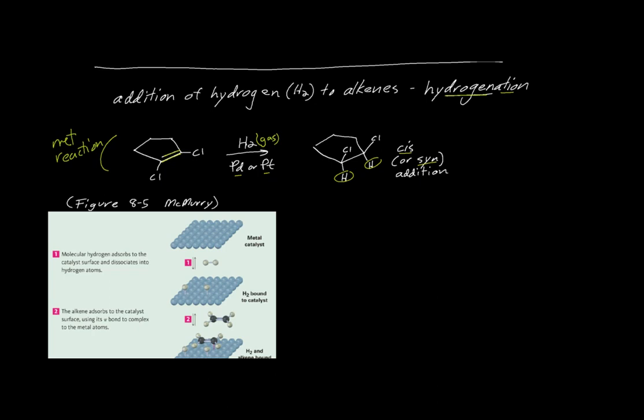So syn and anti. This would be anti-addition, or trans addition. Cis, trans, syn, anti, where the hydrogens are like this. However, you do not get this in this reaction.